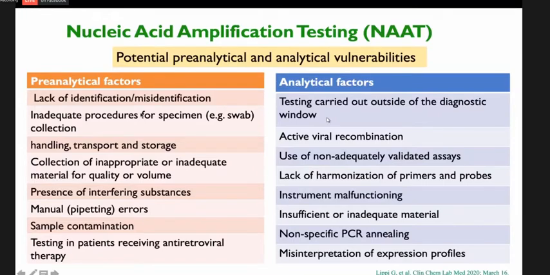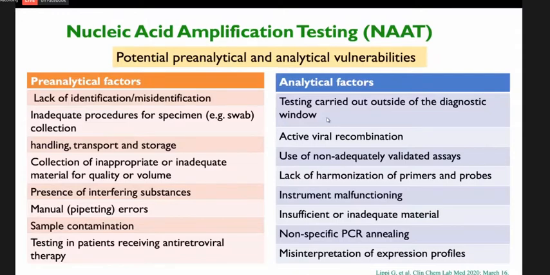Most importantly, it includes poor quality specimens that were collected very late or in the early stage of the infection, specimens that were not handled or shipped appropriately, and also the test can be affected by various analytical factors like virus mutation or PCR inhibition that can also lead to a false negative result.